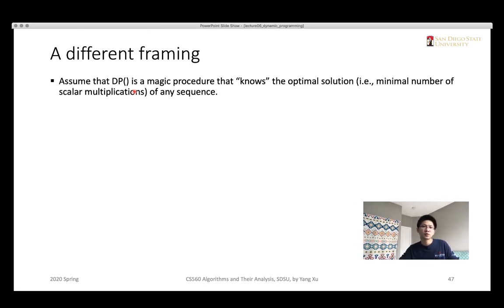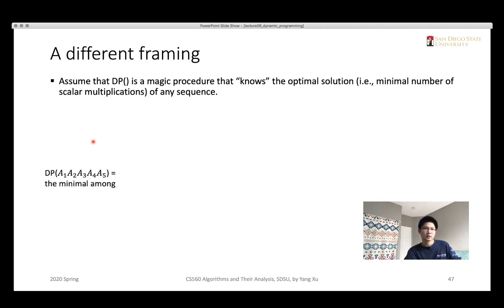Let's assume that we have some magical function or procedure called dp, a function that tells us the optimal solution for any sequence. Let's just have that imagination in our mind.